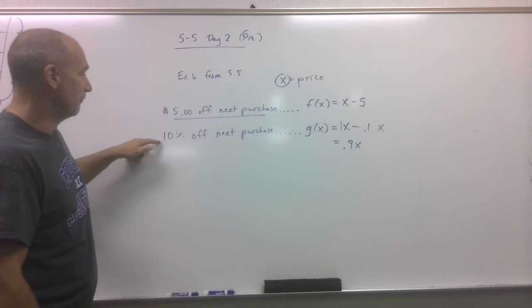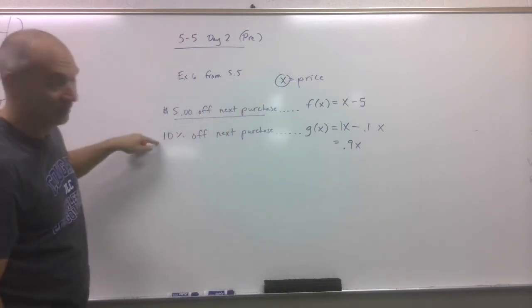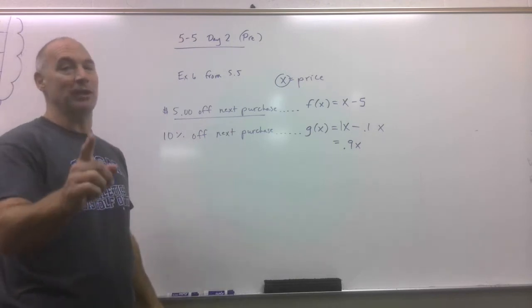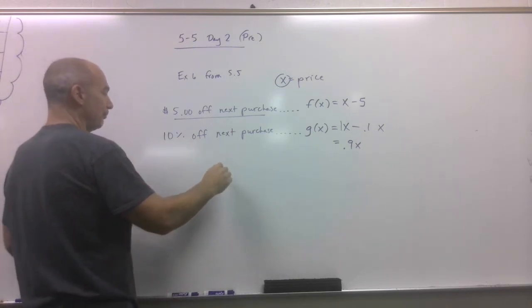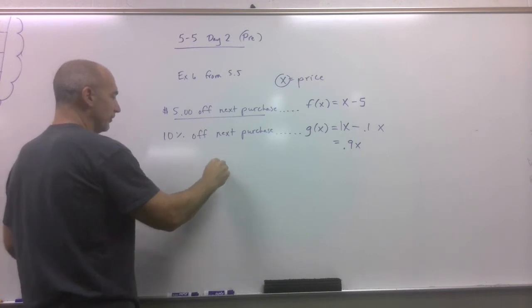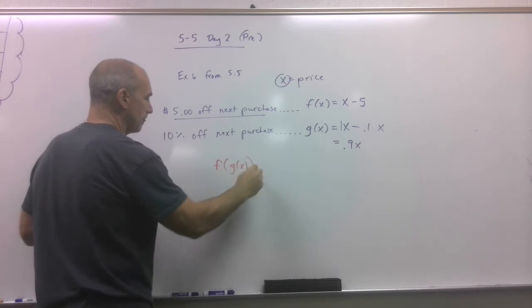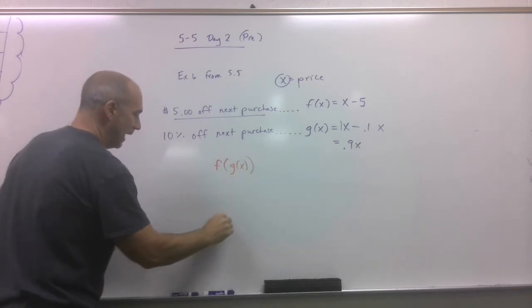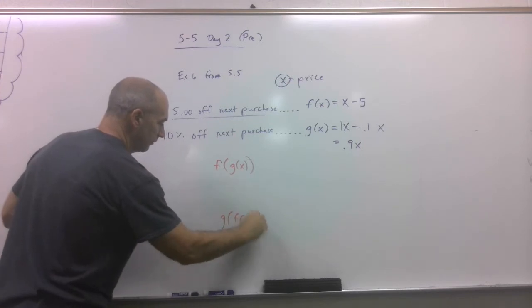Take the 10% off first, and then take the $5 off, or take the $5 off, and then take 10% off that. Interesting question. So how are we going to do this? Well, I'm going to figure this out by going f of g of x, and then I'm going to compare that to g of f of x.